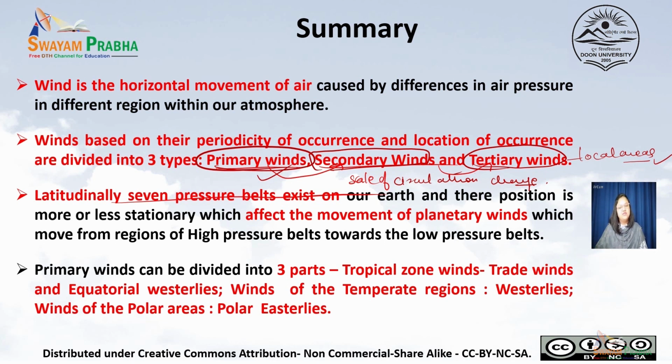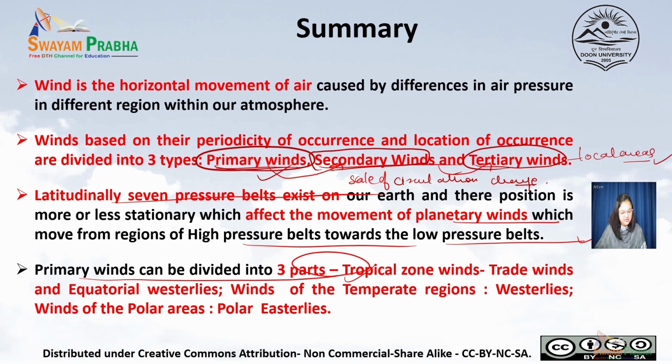So you have dynamically induced pressure belts also and you have thermally induced pressure belts also, which greatly affect the movement of planetary winds, because planetary winds always move from the regions of high pressure belts towards the low pressure belt regions. So primary winds can be further divided into three parts depending upon the latitudinal extent they cover.